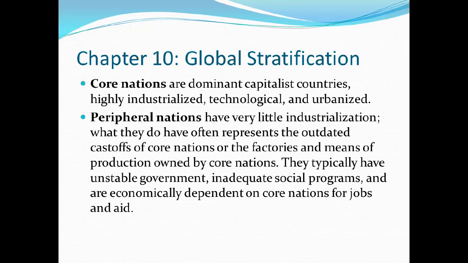So even though they may have outdated stuff, maybe unsafe, the core nations can say, you know what, I can help you. I can set up a factory in your area, in your peripheral nation, and help you get what you need so that you can be a little bit economically dependent. However, as a core nation, I can still say, hey, whatever you have, I get a percentage of. And therefore, I'm going to continue to get rich. So you're using my equipment because you have no equipment at all. You have no factory.